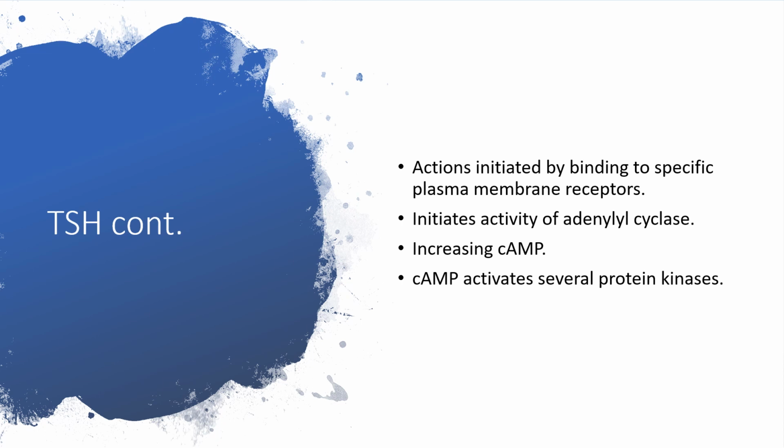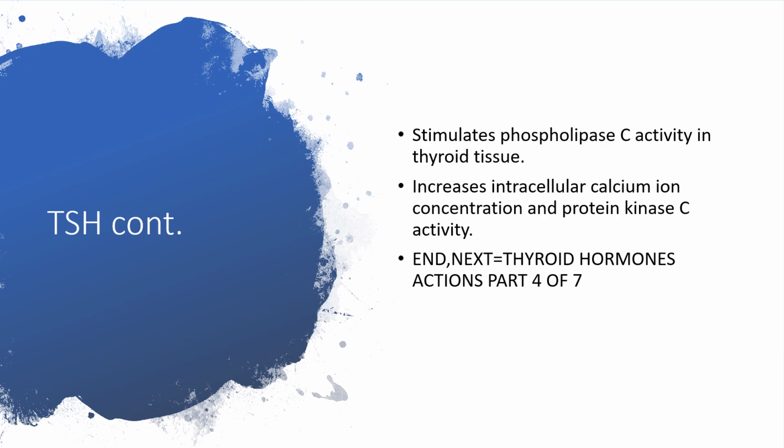The cyclic adenosine monophosphate will activate several protein kinases. Still on TSH, there will be stimulation of phospholipase C activity in thyroid tissue, increased intracellular calcium ion concentration, and protein kinase C activity. With that, I've come to the end of this presentation.